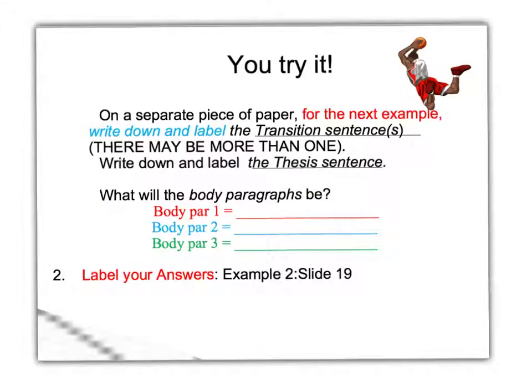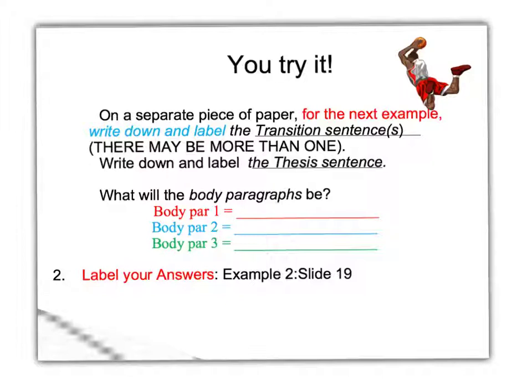Okay, so you're going to get another example coming up in the next slide. You're going to try it again on a separate piece of paper. You're going to write down and label the transition sentence or sentences. Write down and label the thesis sentence, and then write down and label what the body paragraphs will be, the subject of the body paragraphs.